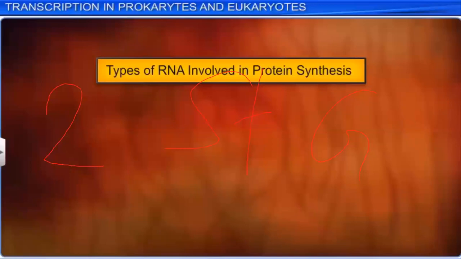The messenger RNA is the one which carries the information for the particular type of protein. So which type of protein has to be formed, that information is carried in the structural gene.